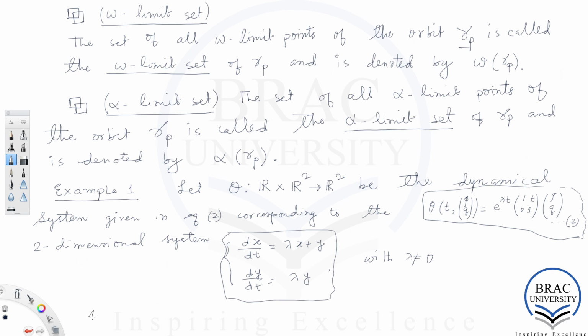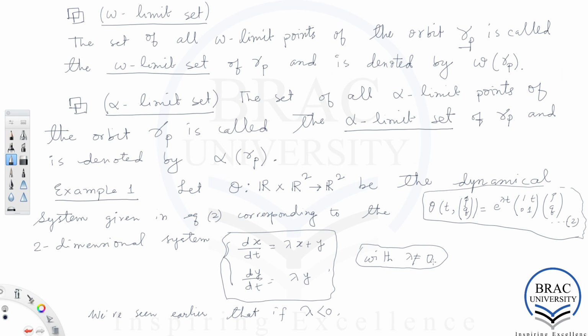So we have seen earlier that if lambda is strictly negative, so this is the case, it cannot be equal to 0. So there are two possibilities: one is it's positive, the other is it's negative.